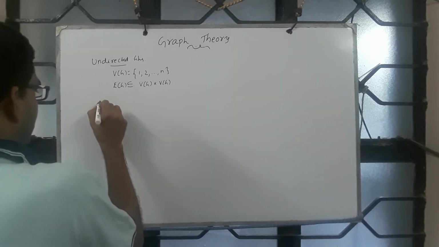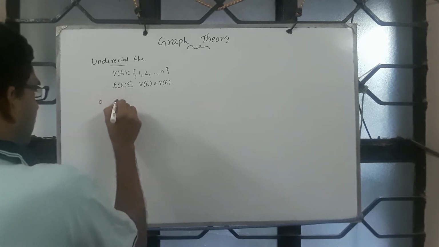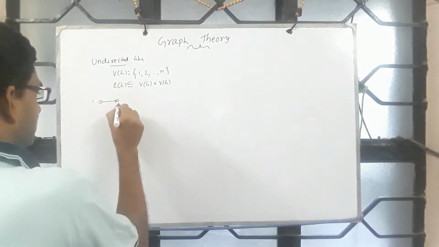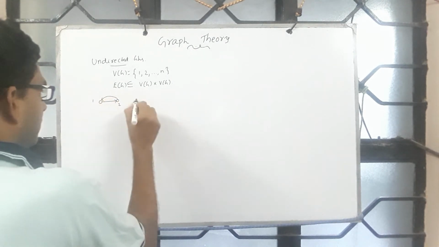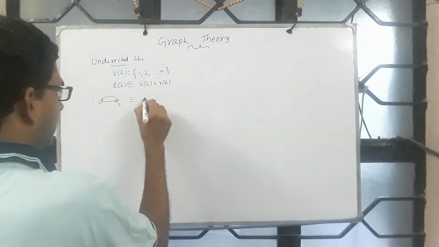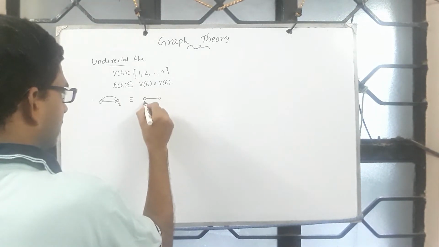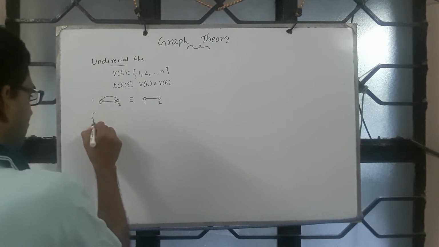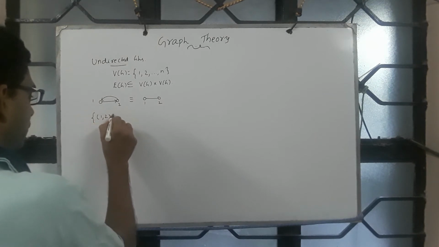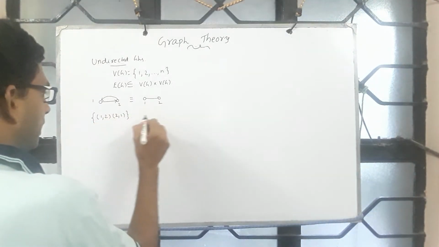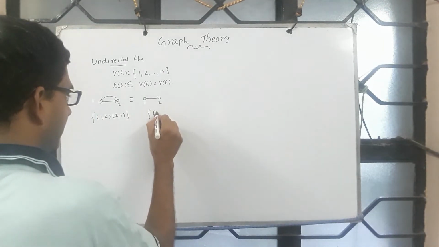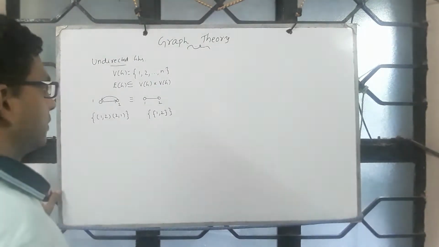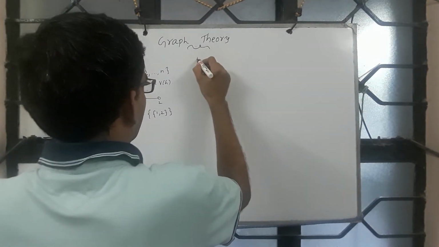So note this. Now this graph is equivalent to drawing this. So the underlying relation over here will tell you 1 2 and 2 1, and over here it is the set containing 1 2.